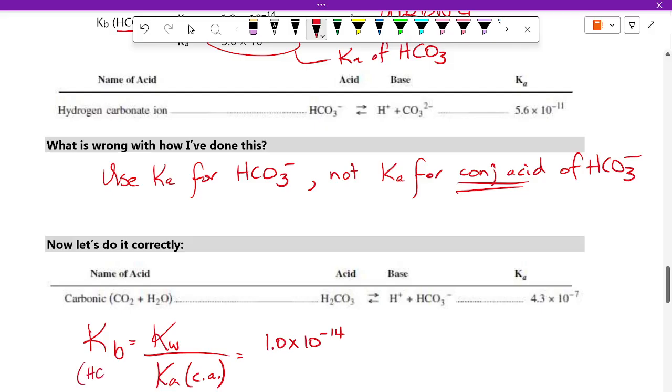This would be for HCO3 minus, and this would be for H2CO3, 4.3 times 10 to the negative 7. That gives 2.3 times 10 to the negative 8. And there we go.